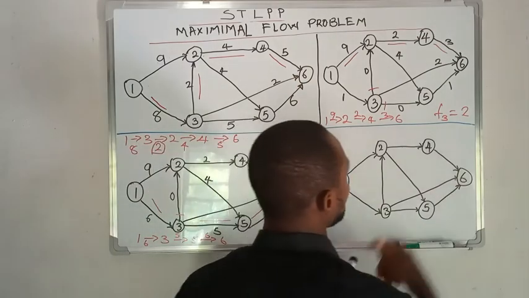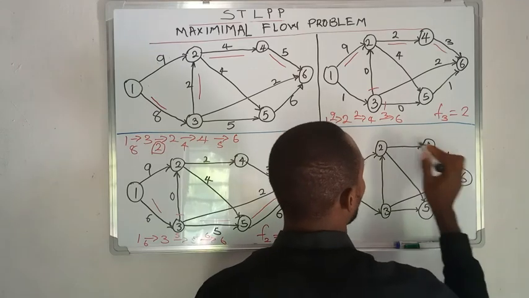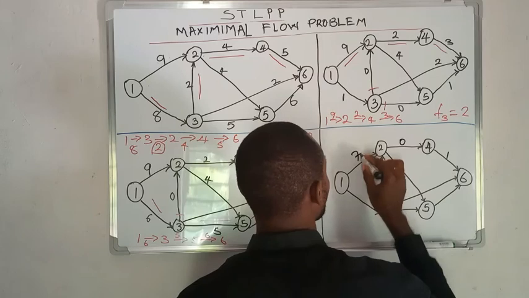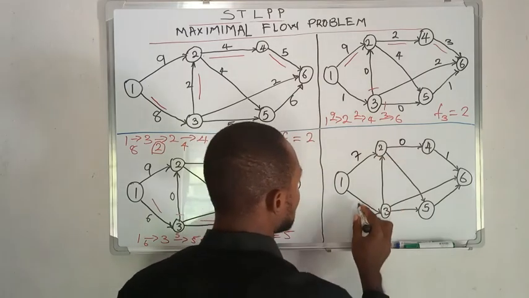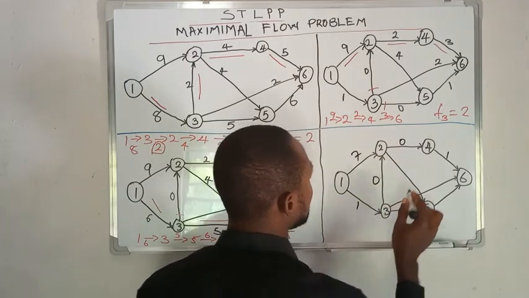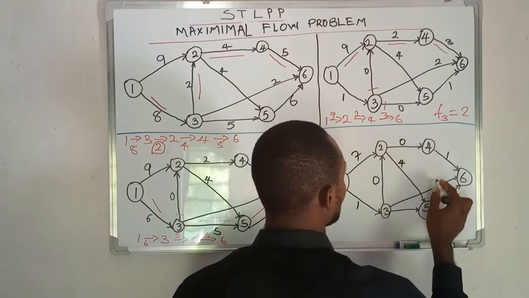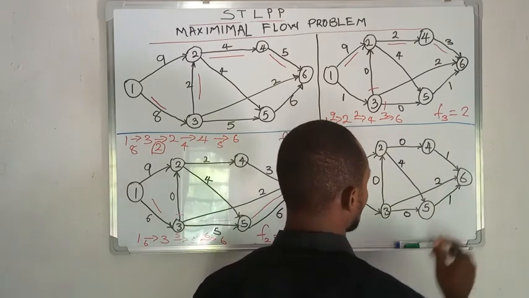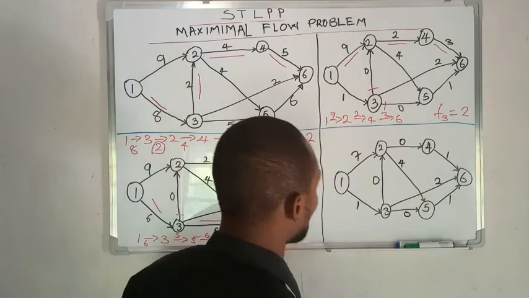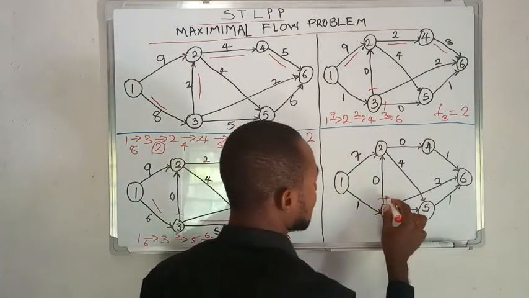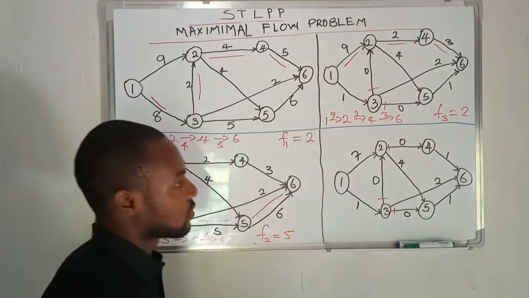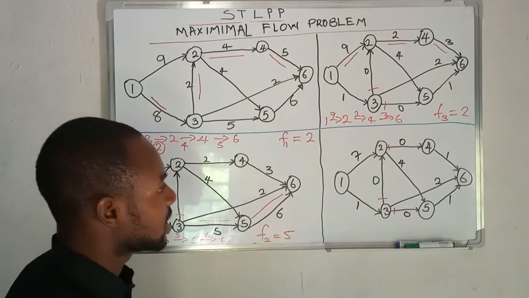So subtracting 2 from here will be 1, and then right here we'll have 0, here we'll have 7, and then the rest remains the same. So we have 1 here, 0, 4, 2, 0, and 1. So remove the lines that we can no longer pass through, so that we will not make a mistake.